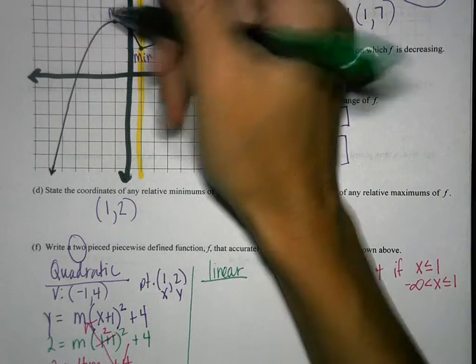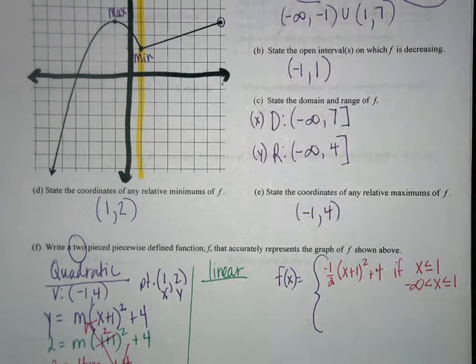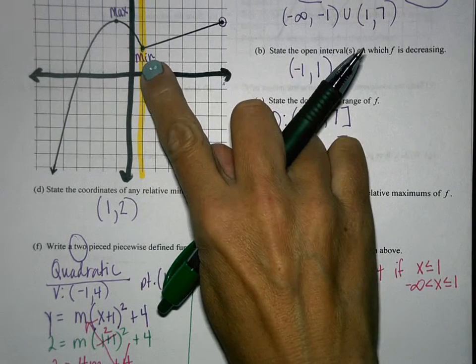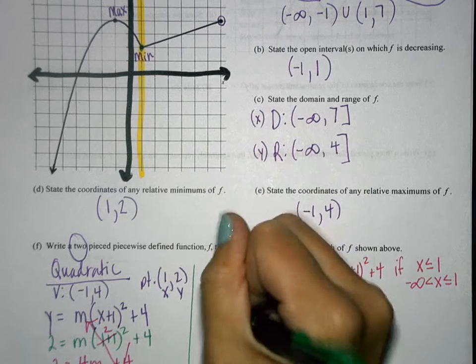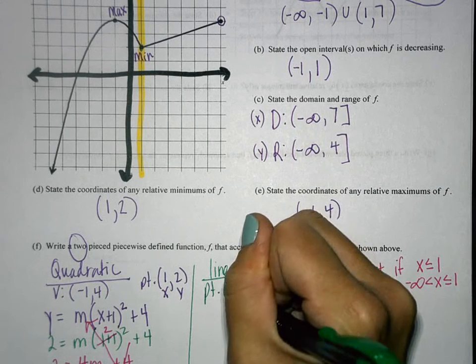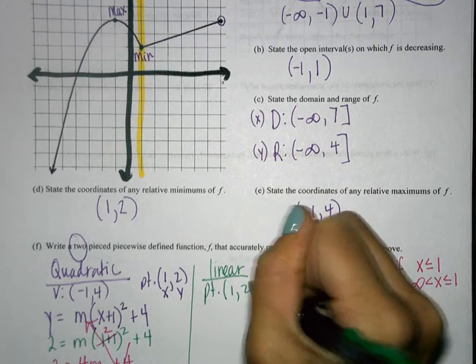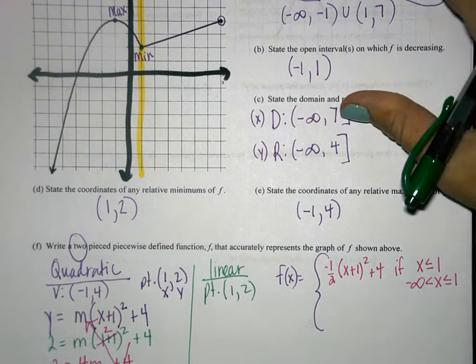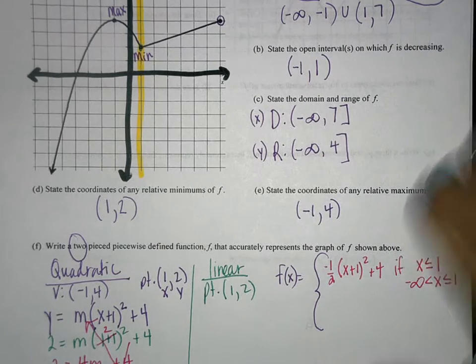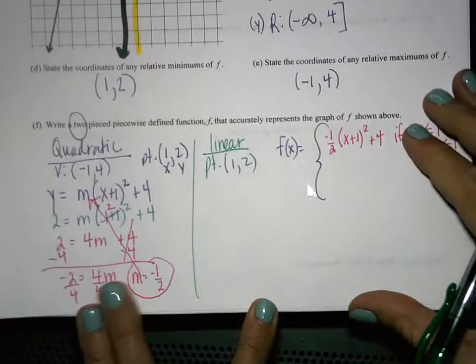And I'm going to go ahead and just start with this point again, right here. Is everybody okay with that? And so that point we know is at 1, 2. Do we all agree?